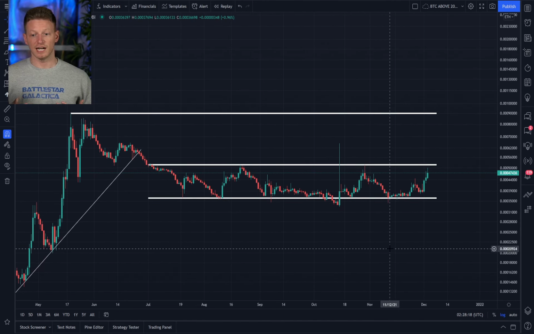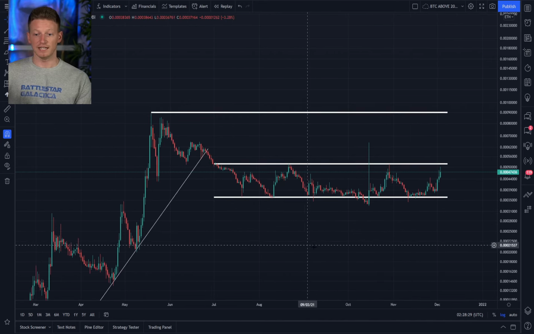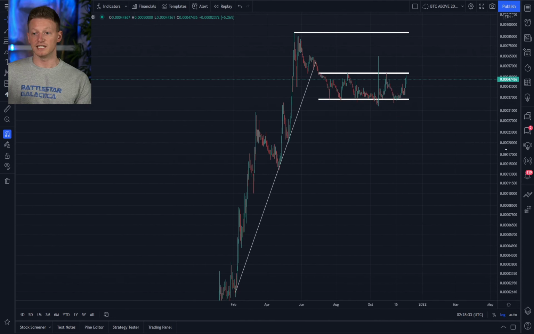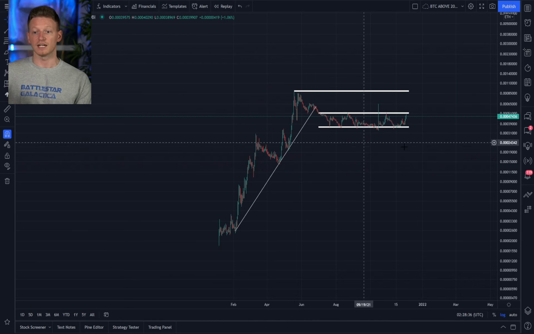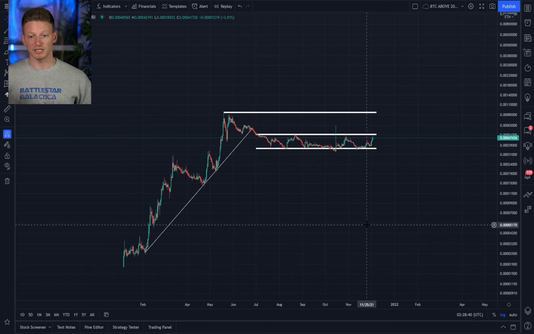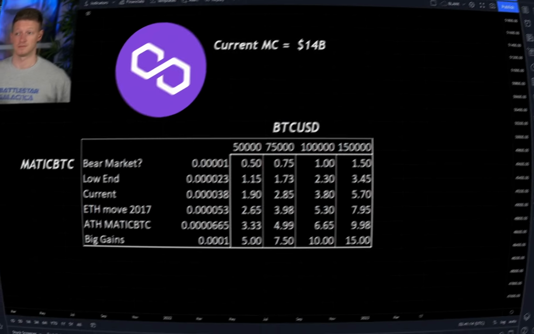So if you're not going to be trending up over time against Ethereum, then why would you want to hold an asset that has significantly more downside risk? And the answer is you wouldn't. So if you don't expect that MATIC will continue to trend up over time against Ethereum, there's no reason to hold it. But I believe that we are, in fact, going to continue to trend up over time against Ethereum and against Bitcoin.